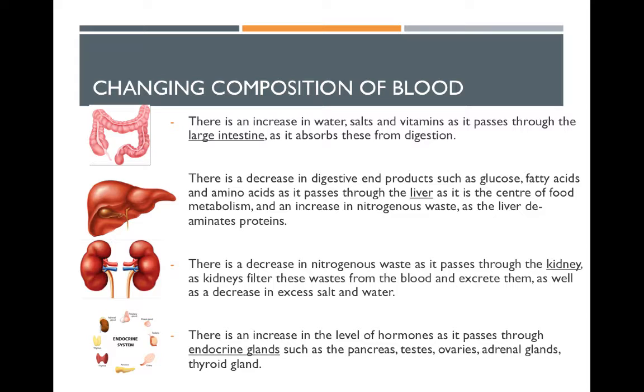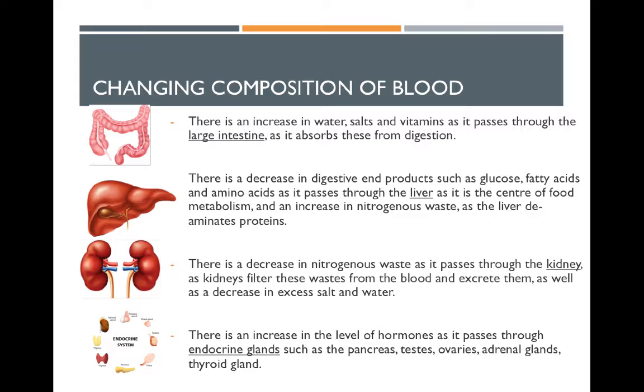There's also an increase in nitrogenous waste because the liver does what's called deaminate proteins, okay? So basically, in protein metabolism, which is happening in our bodies all the time, nitrogenous wastes are produced and the liver is in charge of breaking them down and putting them back in the blood so that they can be taken care of. As blood passes through the kidney, there's a decrease in that nitrogenous waste, okay?